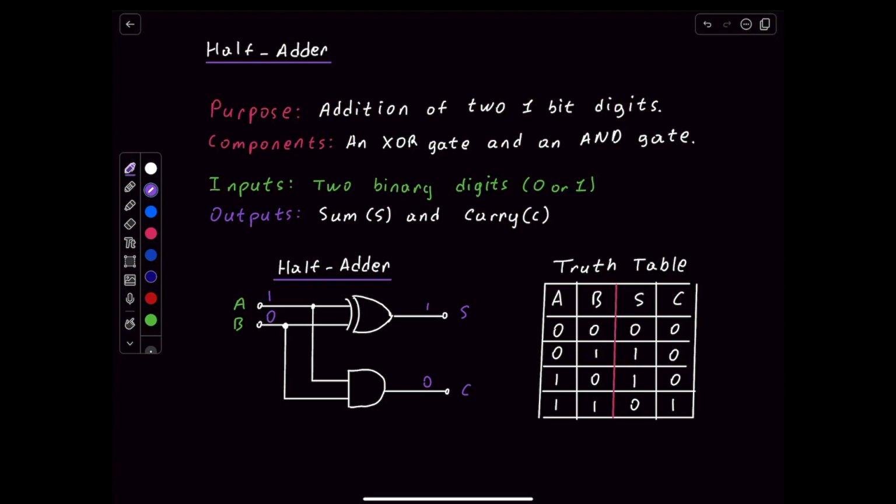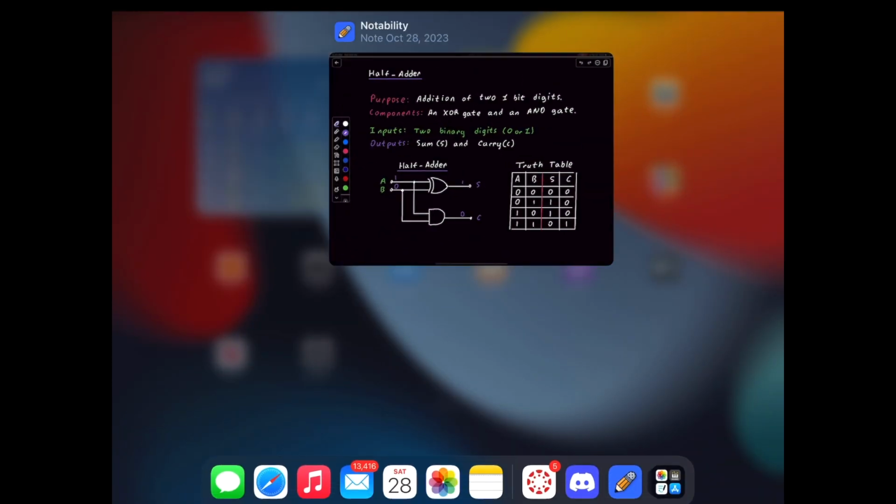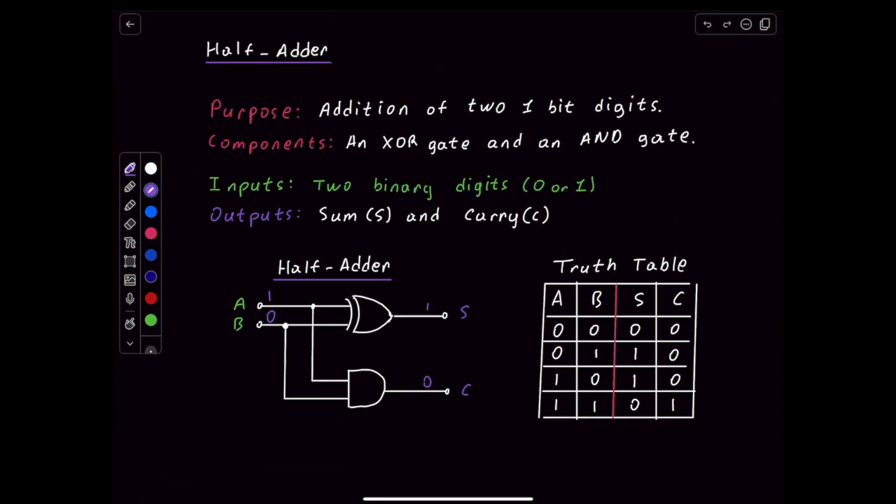So the XOR gate, let's remember the truth table for the XOR gate. The XOR gate says we only have 1 if the inputs are alternating, right? So if we have 1 and 0, or we have 0 and 1, that is the only time we're going to have a 1 in the output.